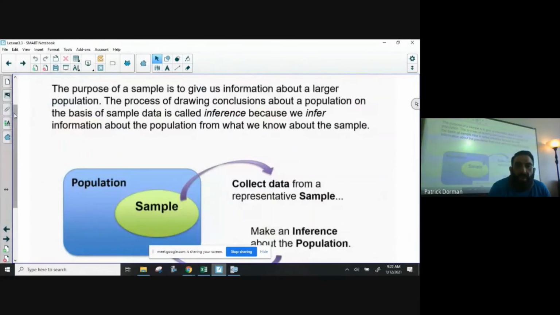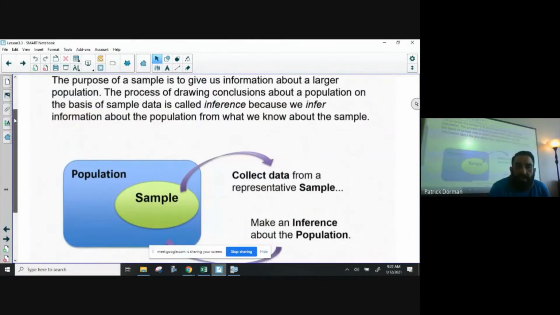This is just what I was telling you, right? A lot of times we're dealing with populations that are so huge, there's no way that we could get data from everyone. So what we have to do is collect a representative sample. What I mean by representative sample is, if I wanted to know the average height of students at Cleveland High School, I wouldn't just pick seniors.